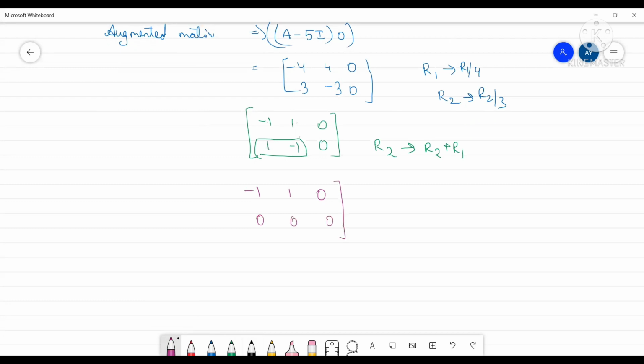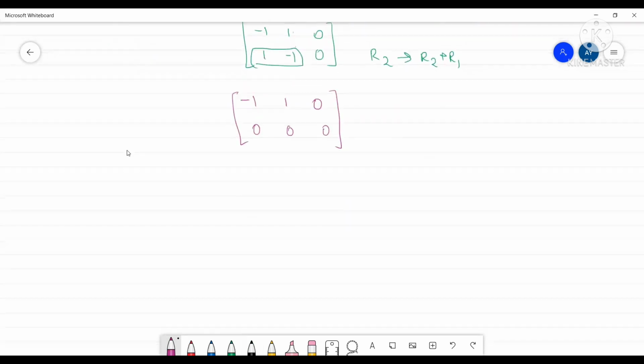So the entire last row that we got is 0. Now you multiply it with [x1, x2] equals 0. So what do you get? Minus x1 plus x2 is equals to 0. This implies x2 is equals to x1, or x1 is equals to x2.